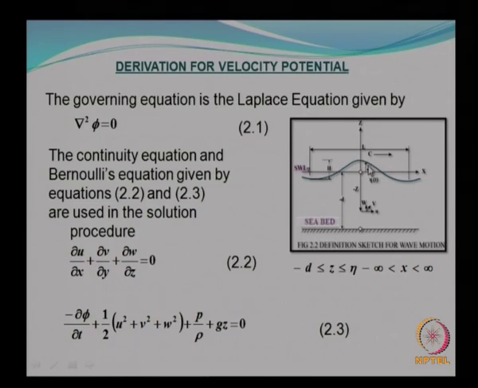Eta is nothing but the variation of the height above the mean water line. So, eta can be positive, 0 or negative, but the wave height cannot be negative, it has to be only positive because it is the distance between the crest and the trough.